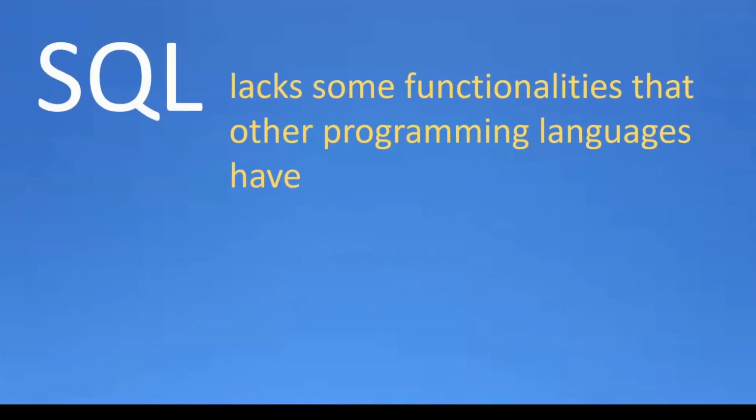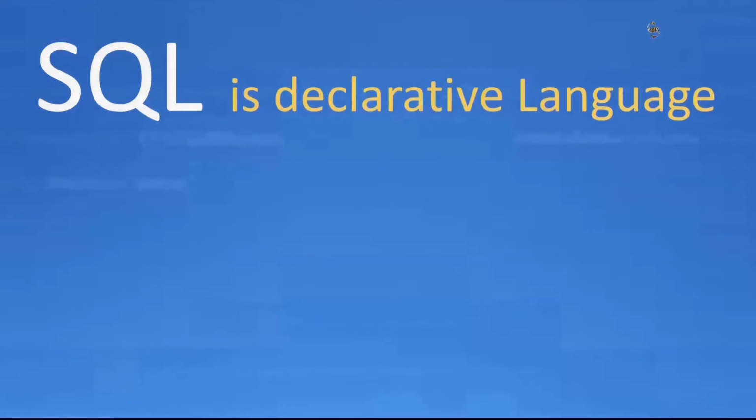Even if SQL is a programming language, it lacks some functionalities that other programming languages, like C++, have, functionalities such as loops. While SQL is a declarative language, the other programming languages, like C++, are procedural language, which means the code in C++ and others is executed top to bottom, as it is written by the programmer.